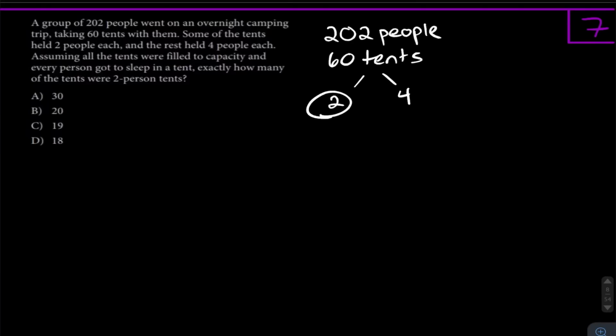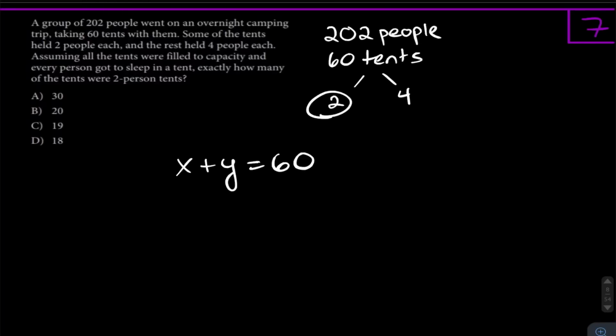Starting to do that, we know there's 60 total tents, so x plus y equals 60. We could at least say that: the amount of 2-person tents, x, plus the amount of 4-person tents, y, will equal 60.